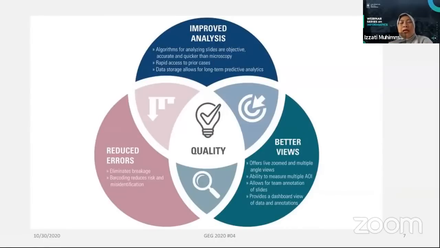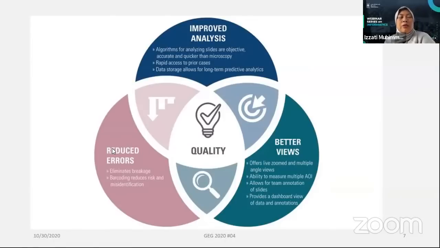I will give an illustration later when we come to the cases. Then, when we have the digital version, we have rapid access to prior cases, so we can see patterns over time. When we have only the glass slide, it will be problematic. The data storage also allows long-term predictive analytics, because the data is there and we can review it in a timely manner.